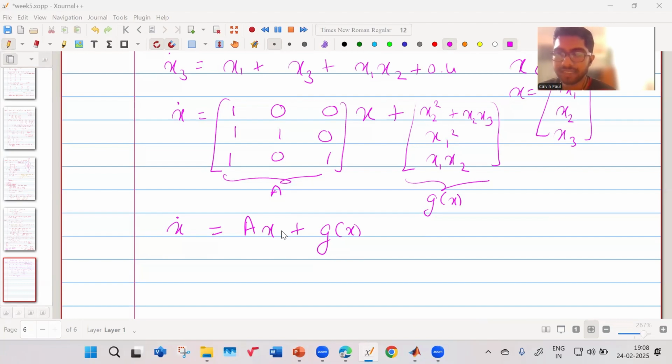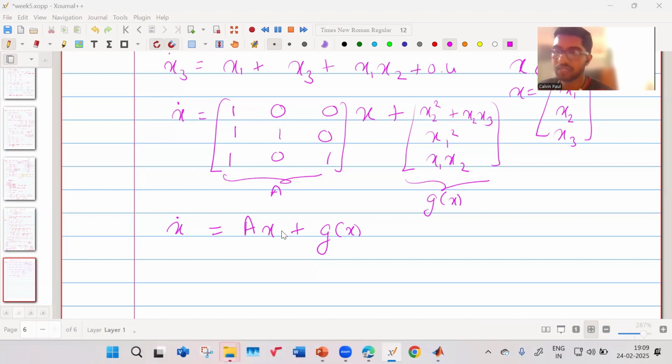If the linear part is stable, then you can say it is stable around that operating point. If the linear system itself is unstable, you can say that the equilibrium point is unstable. So instead of analyzing this complicated nonlinear part, we will just analyze the stability of the linear part, and check whether it is stable or unstable.